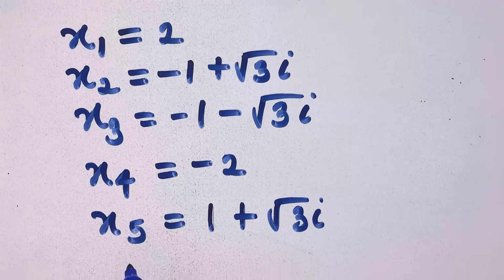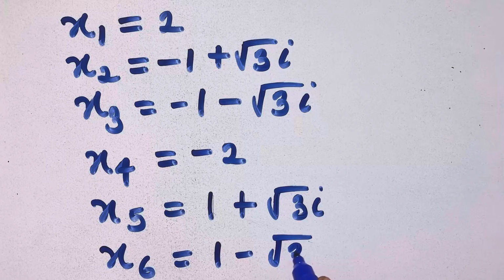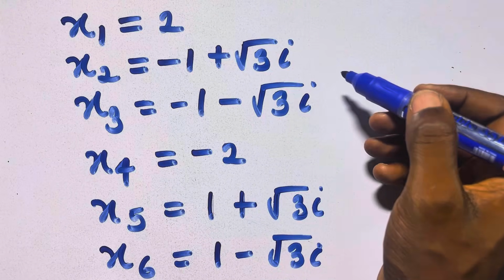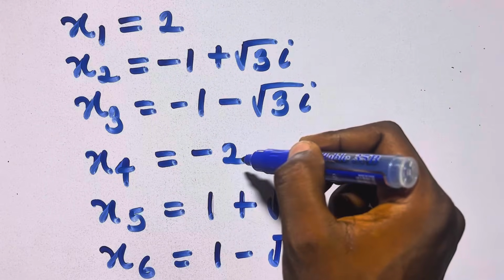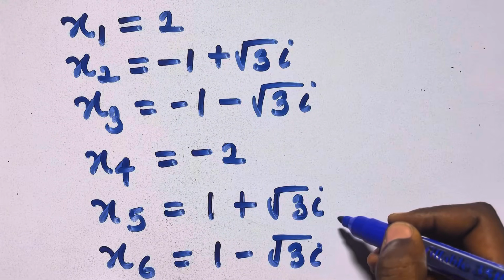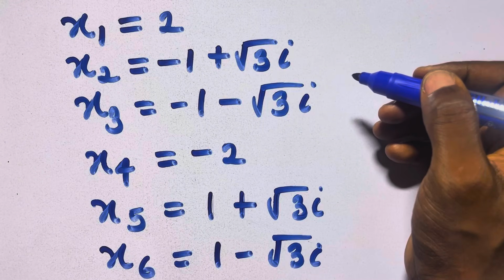Our x5 will be the solution we just got, 1 plus square root of 3i. And our x6 will be 1 minus square root of 3i. So from here, you will see that we have how many solutions? We have 2 real solutions and we have 4 complex solutions.